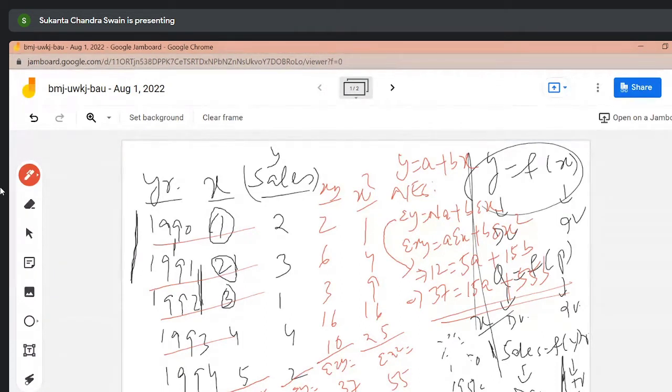Could you follow this? Because we have already done this one, exactly same pattern, same process we are following. Simply there is difference in the variable. Their price was there, and here years is there. So we are converting year to x and sales to y. Then while taking the x value, we are not taking the as it is value, rather we are taking the reduced value. Okay.